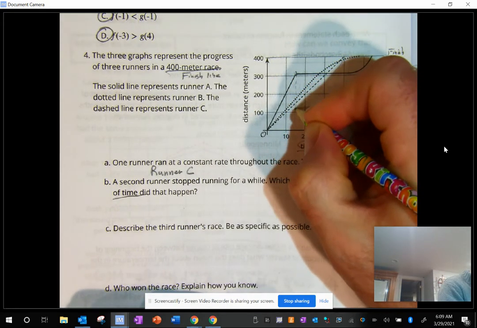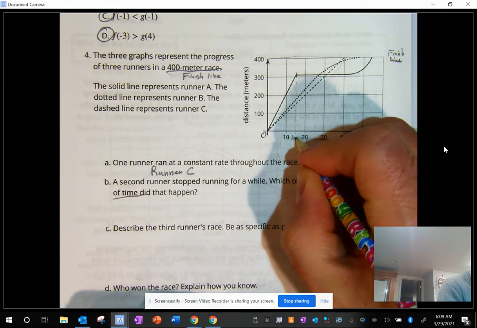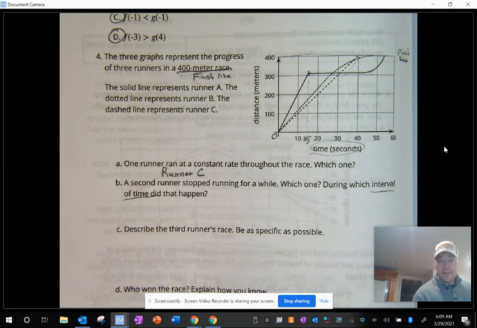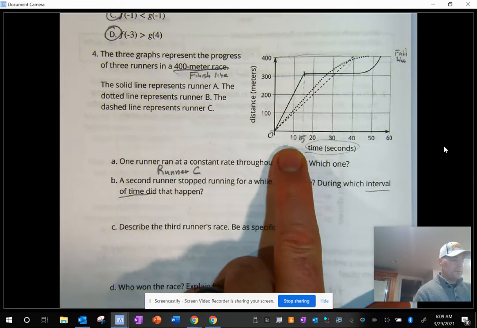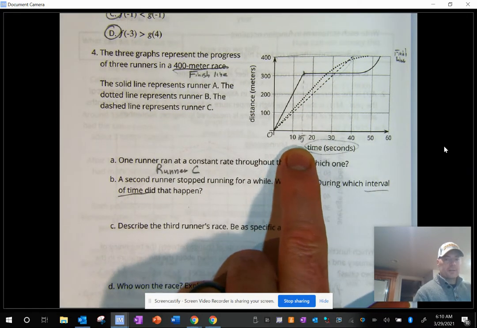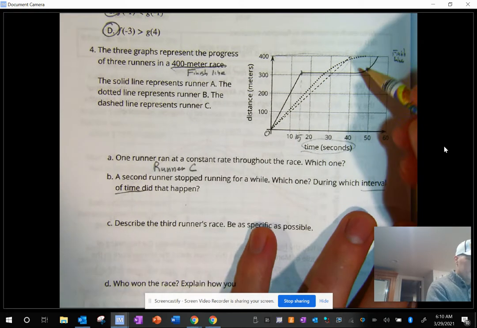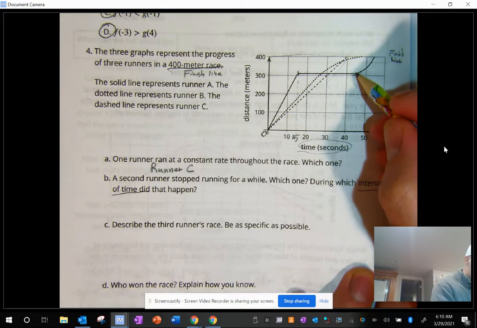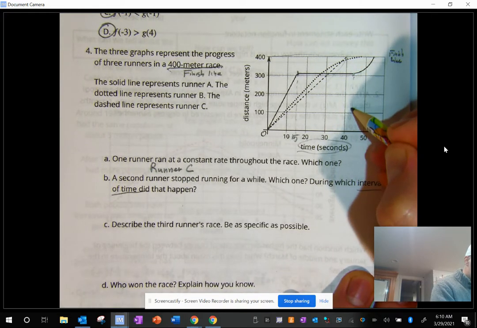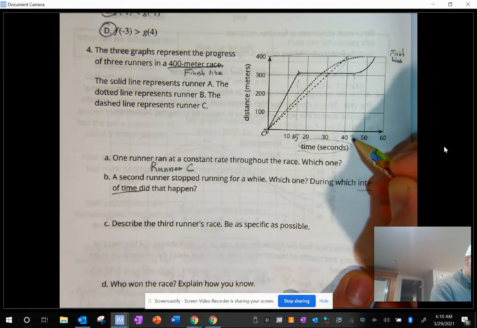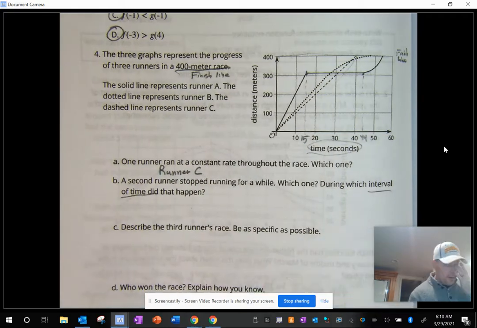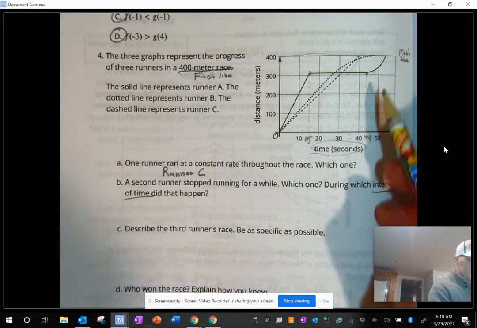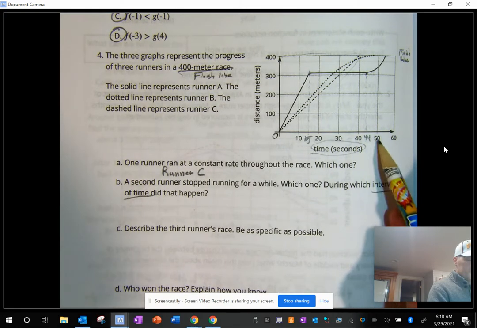If you go down, it looks to be about 15 seconds, we don't know exactly, so you can take a guess here. But remember, it's in between 10 and 20. Looks like it's right between the middle, so that's 15. And it looks like right about here, they started running again. And that looks to be about 44, maybe 43. I don't know. If you said 45, I guess I could give you that too, but it's in between 40 and 50.